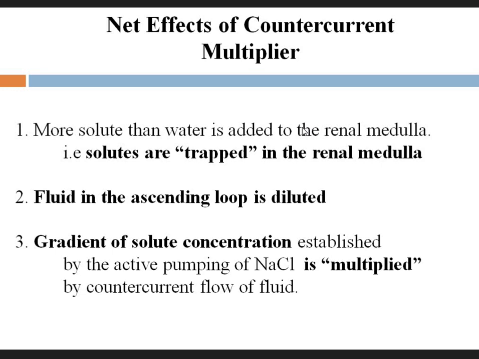So this is the gist of what the countercurrent multiplier has done: solutes are trapped in the medulla, fluid passing out from the tubules is diluted, and the gradient of solute concentration which was initially developed has now multiplied.